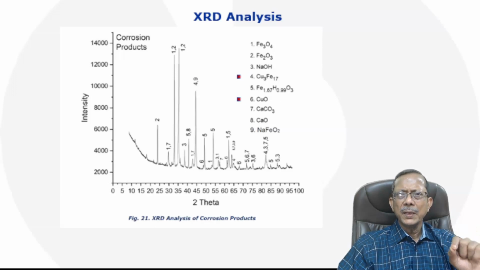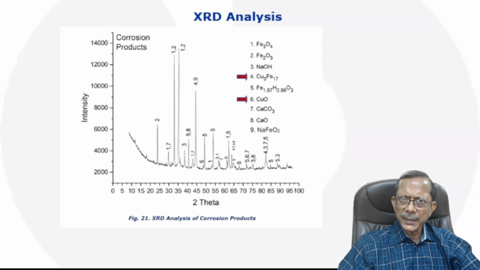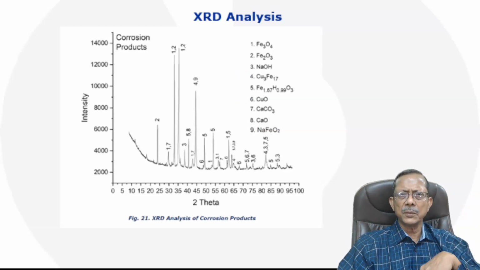These are typically copper corrosion products, the cupric oxide and the iron copper component. These are all copper corrosion products. Now, from somewhere, some copper metallurgy is getting corroded, and that product is getting carried over into the system. That is the first indication.